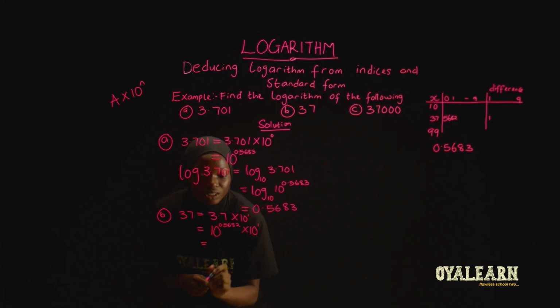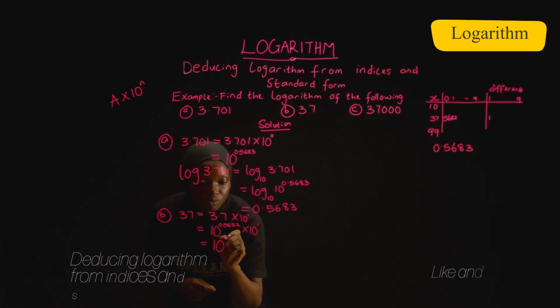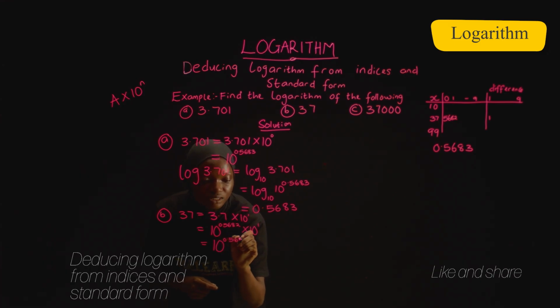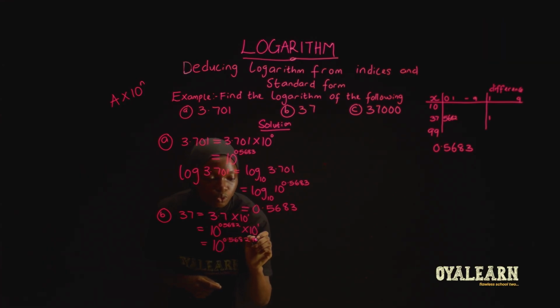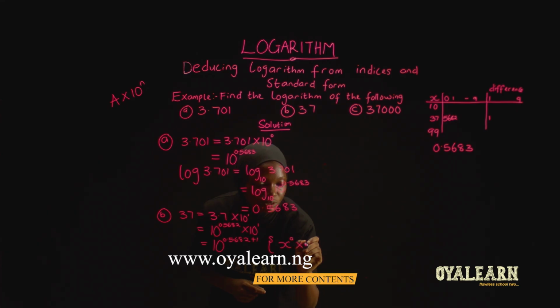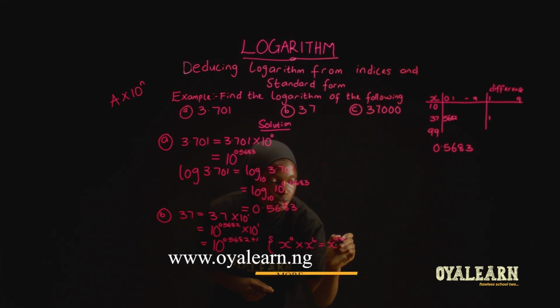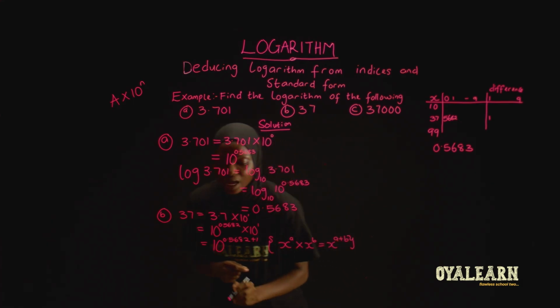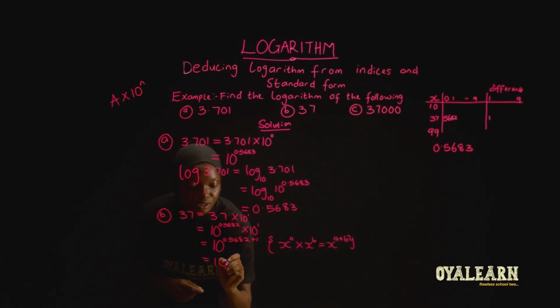And applying law of indices, this becomes 10 raised to the power of 0.5682 plus 1. Why? Because under law of indices, we have h raised to the power of a multiplied by h raised to the power of b equals h raised to the power of a plus b. And here we have 10 raised to the power of 1.5682.